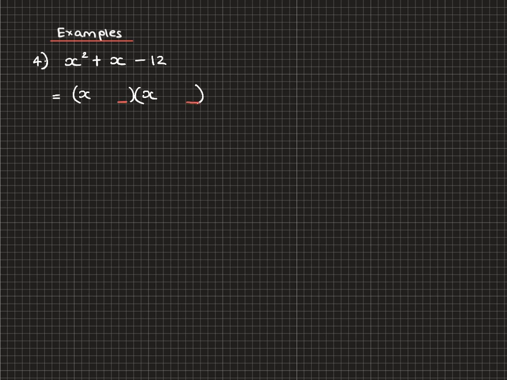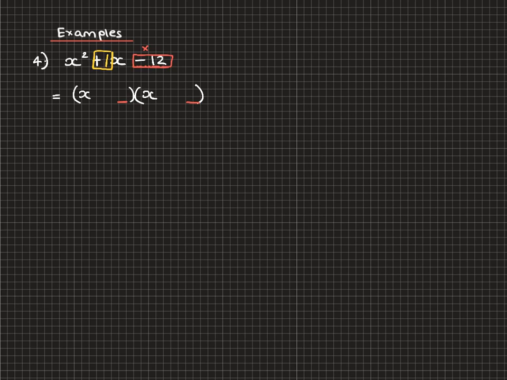Because they've got to multiply together to create not just 12, but negative 12. And using the rule, the numbers have got to add together to give us 1. So that when we multiply the brackets out, we get 2x terms that add together to give us 1x.